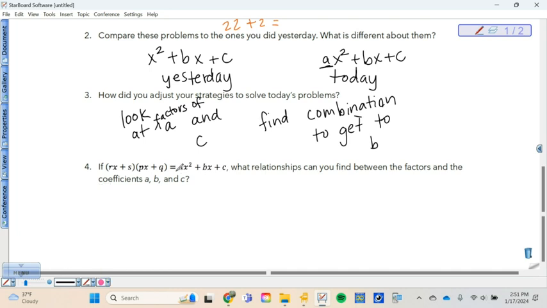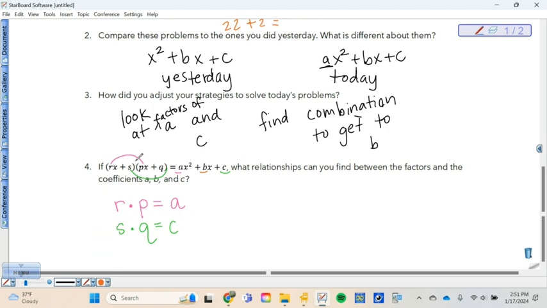And then looking at this, right, I've got A, I've got B, and I've got C, right? A comes from my first times first. So R times P gives me A. And my last times last, S times Q, would give me C, that last number.